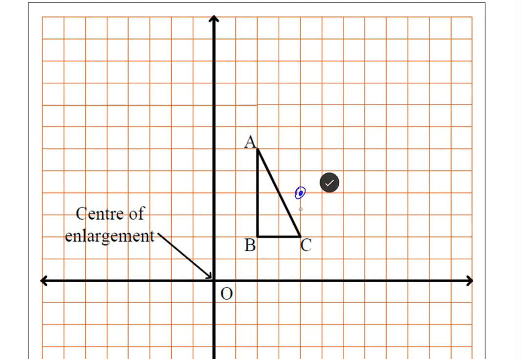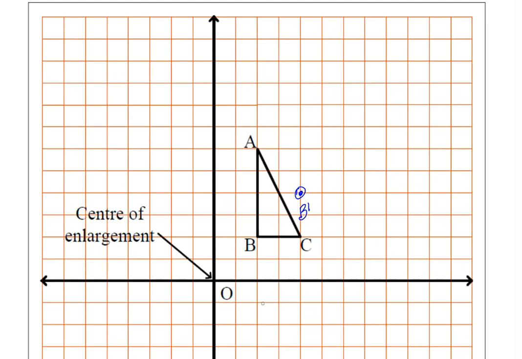This is B prime. In a sense, the distance from the center to the image is k times the distance from the center to the object. From the center to the object is 2 right, 2 up. To get to B prime, because the scale factor is 2, I must double that distance to 4 right, 4 up.